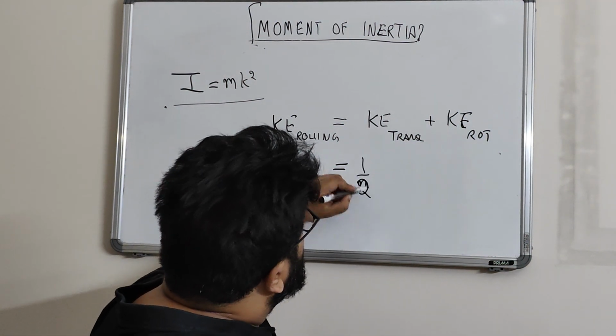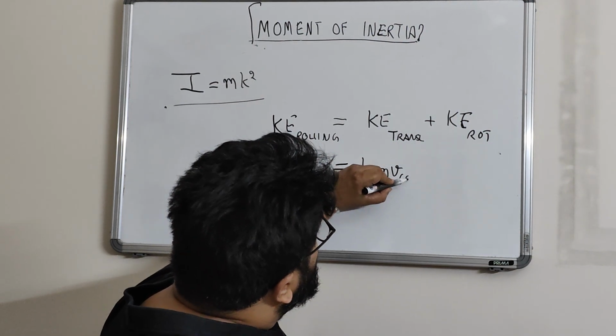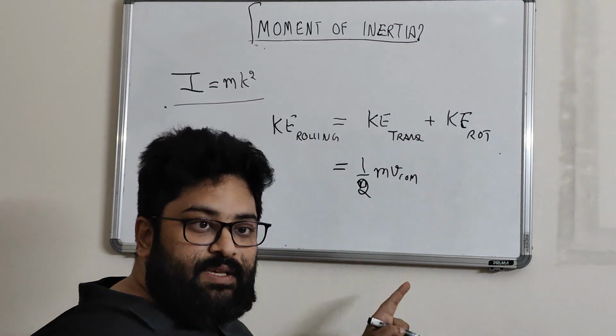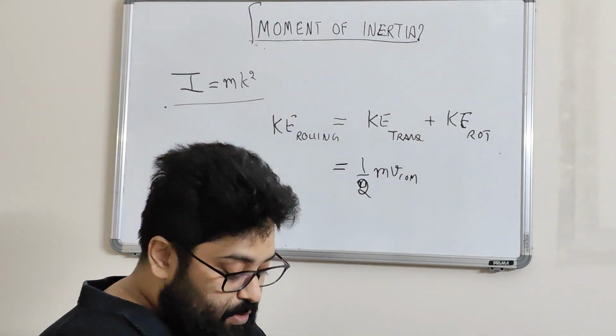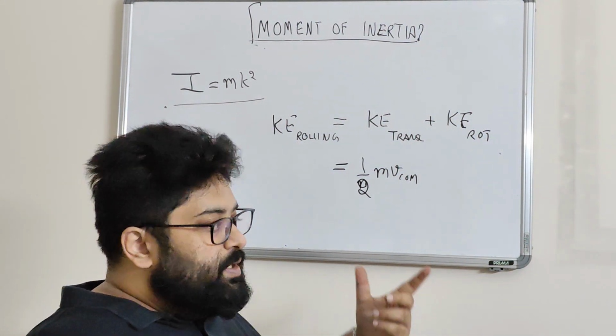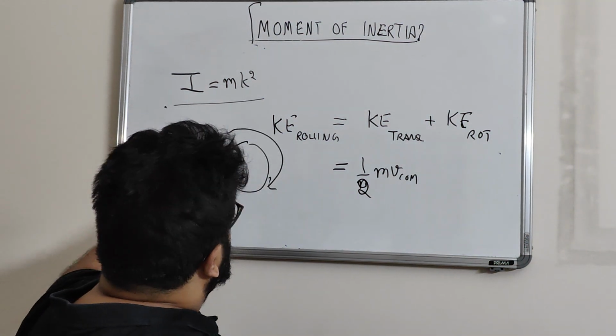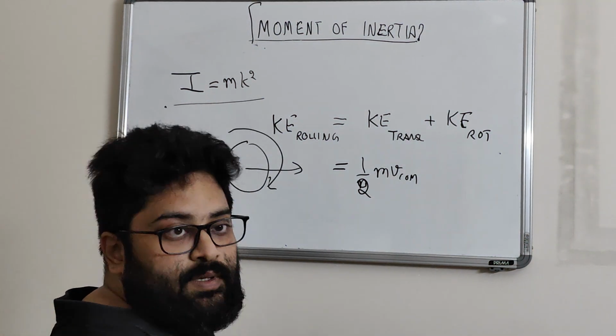So this becomes half into mass into velocity of center of mass. Why not velocity? Why velocity of center of mass? Because you have to keep in mind that the body is in rolling motion, so it's constantly rotating and moving forward at the same time.